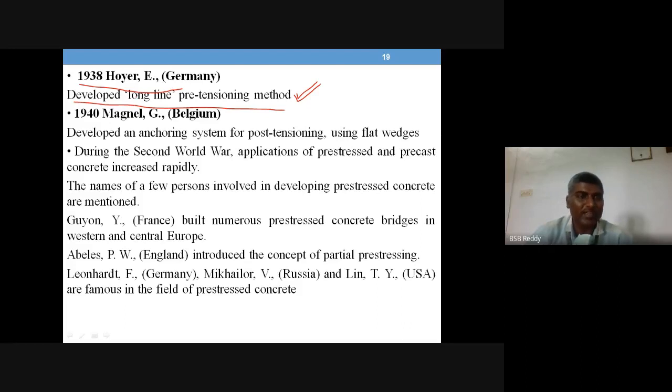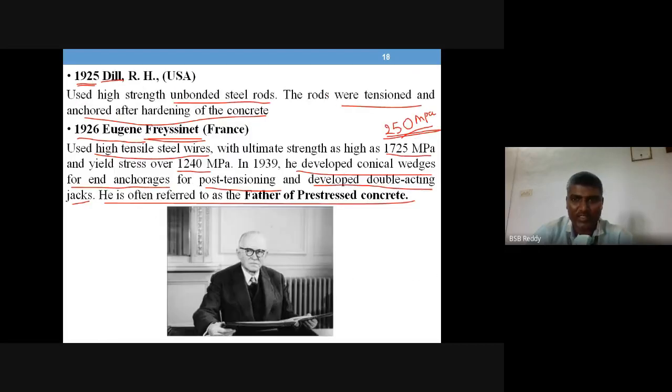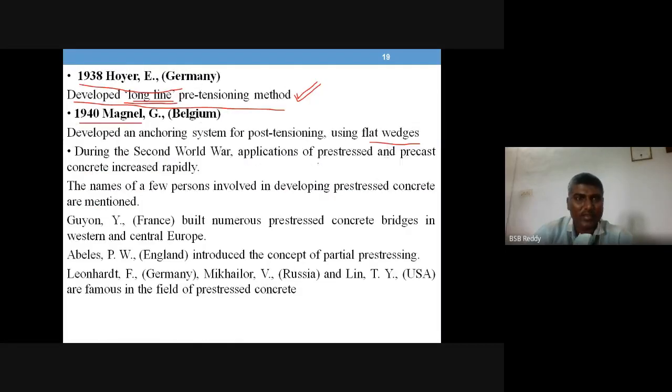Sleepers of railway line are now being made with this Hoyer's long line method. And in 1940, Magnel from Belgium developed an anchoring system for post-tensioning using flat wedges, where Fressinet developed conical wedges, whereas Magnel developed flat wedges.